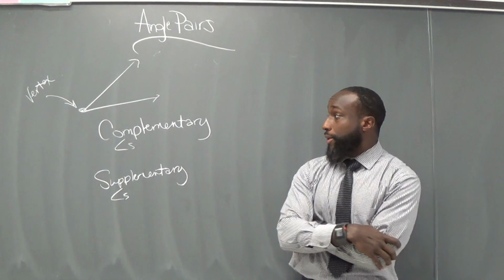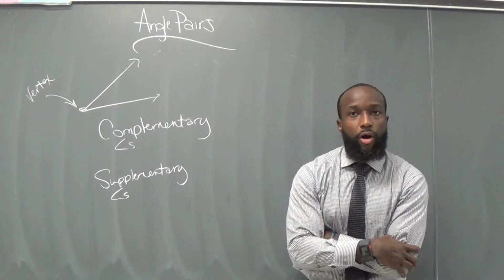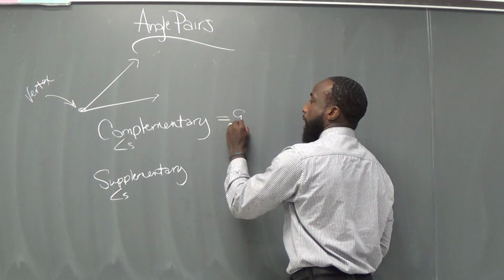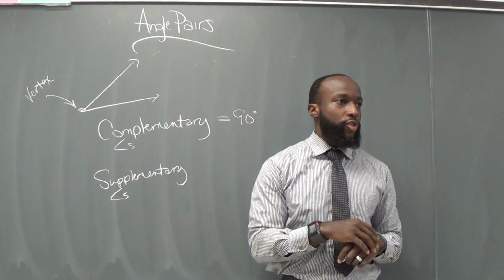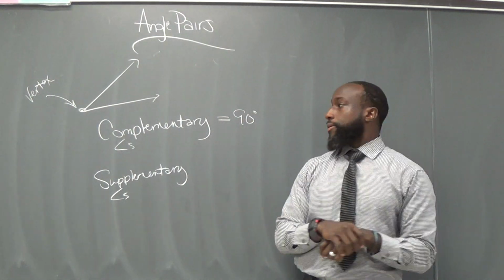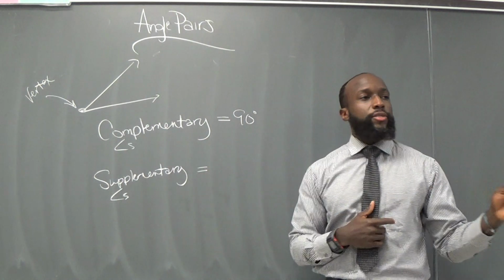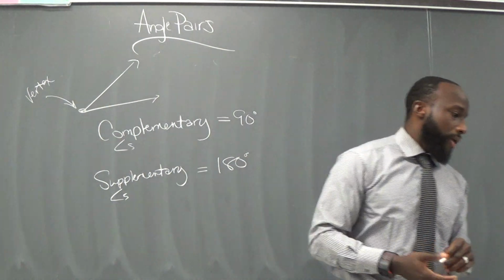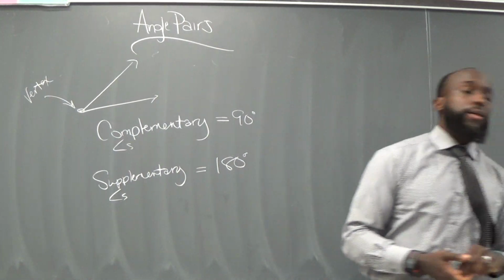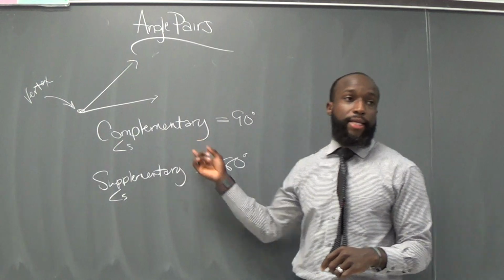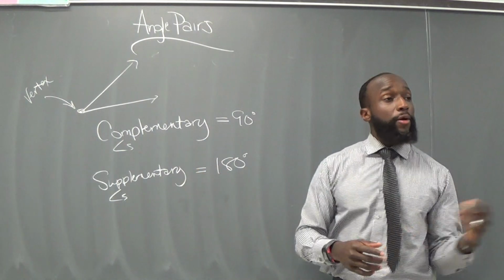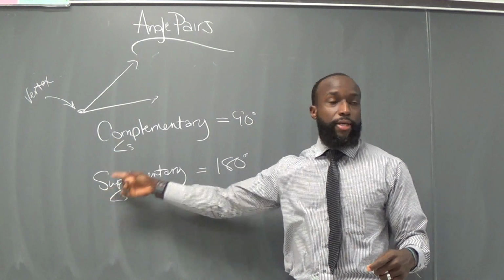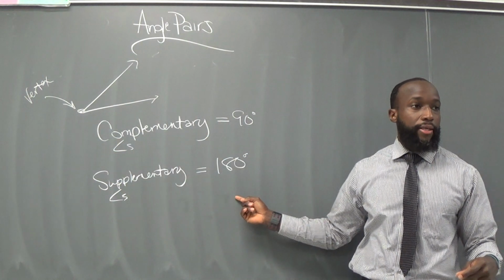Complementary angles are, I would like to say, two or more angles that equal 90 degrees. Supplementary angles are two or more angles that equal 180 degrees. I really believe it's just two angles. Complementary 90, supplementary 180. And one way to remember this is C comes before S, and 90 comes before 180.